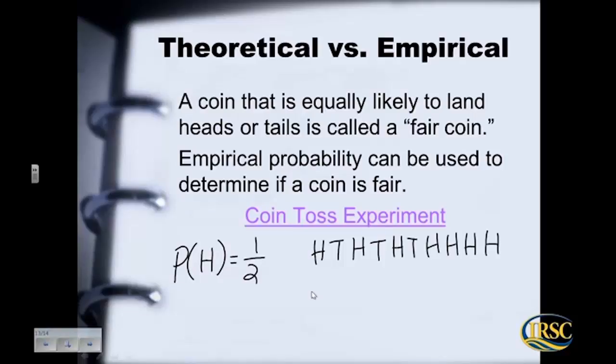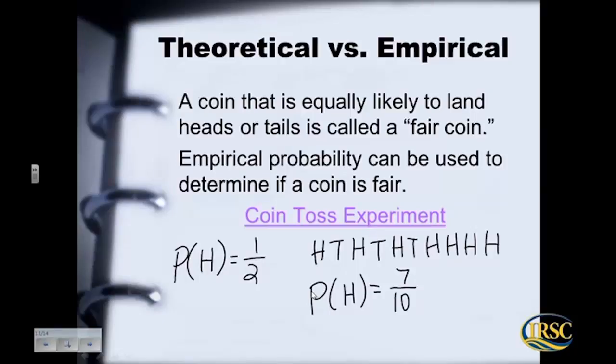If we were doing empirical probability, we would base it on what we just observed from the coin flipping. The probability of heads with our experiment was, how many times did we land on heads? 7. And how many total times did we flip it? 10. So we ended up with 7 over 10.